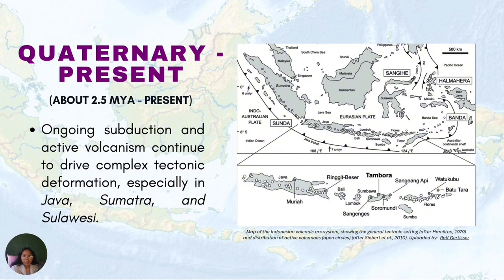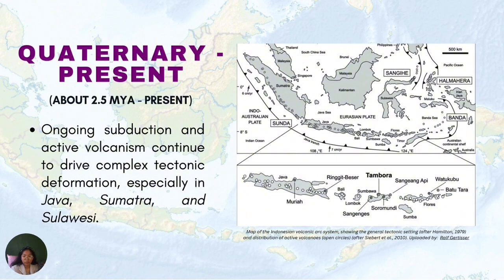The map at the right part of this presentation illustrates the Indonesian volcanic arc system based on Hamilton 1979, and each open circle here represents an active volcano. As you can see, they form a long chain parallel to the subduction zones.